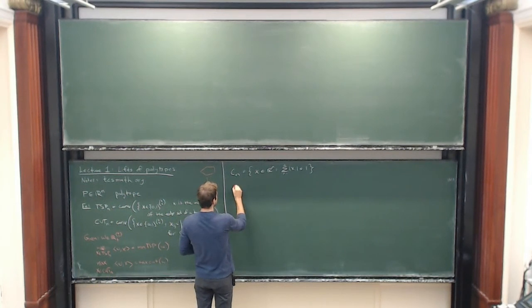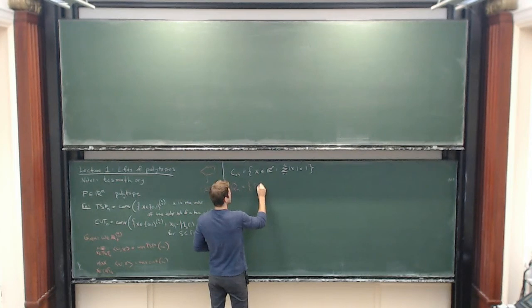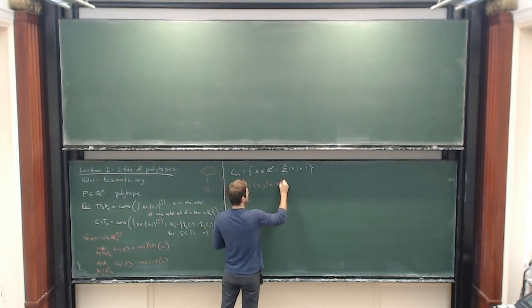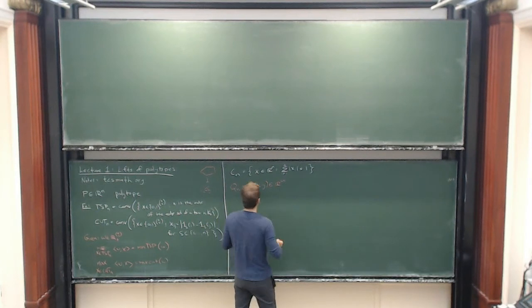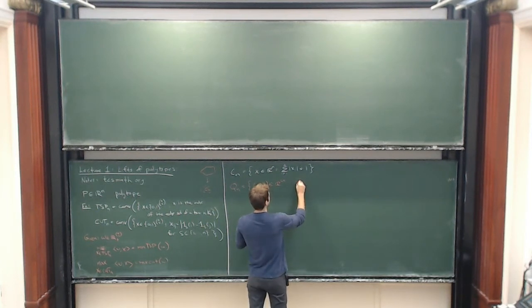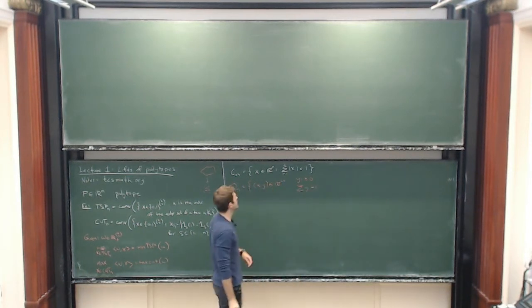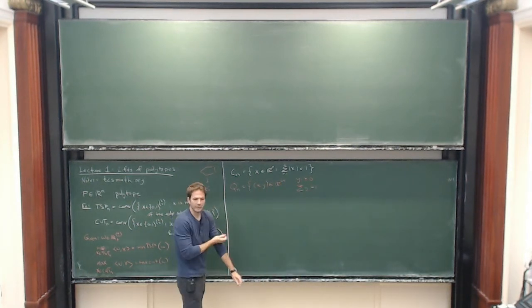So what's the simpler polytope? Let's call it Q_n. This will be the set of pairs (x, y) in 2n dimensions such that the y_i's are non-negative, and they sum to 1. And y_i here is just meant to represent the absolute value of x_i.